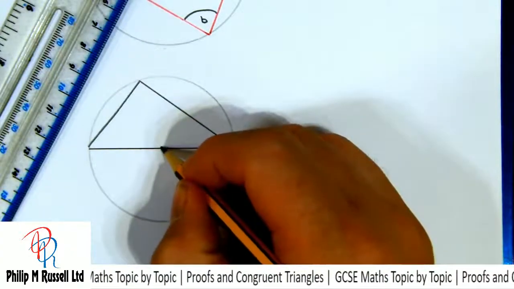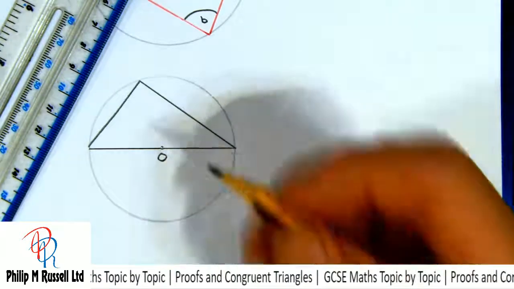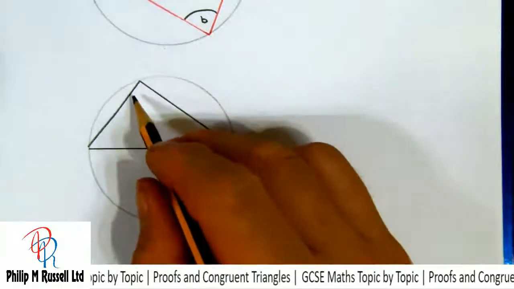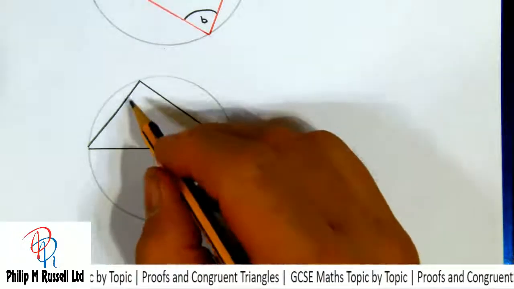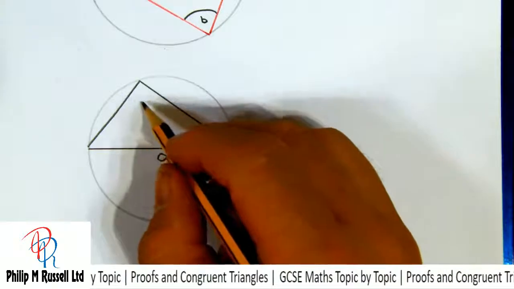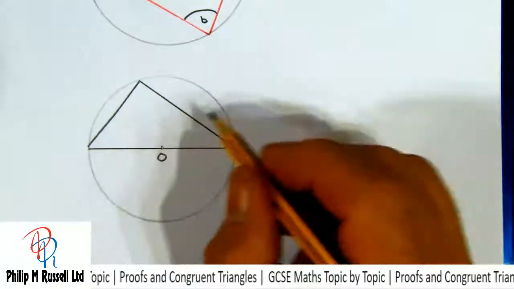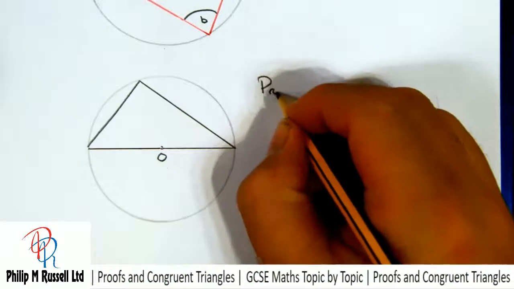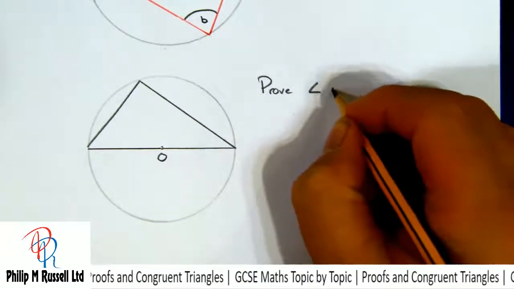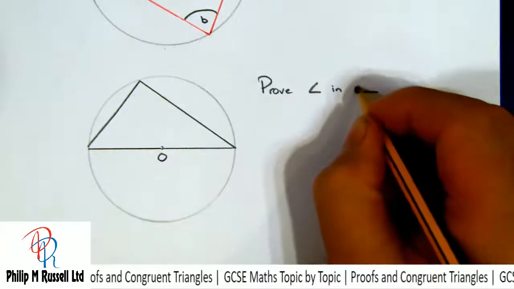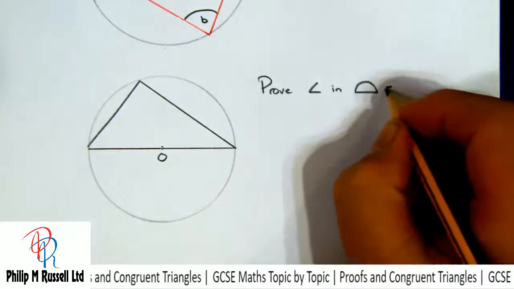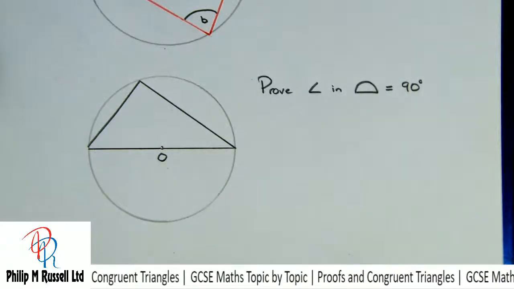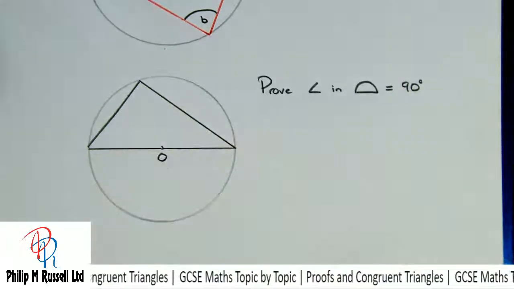And I've got my centre. And what I've got to try and prove in this one is whether this angle here is 90 degrees. I want to prove that the angle in a semicircle equals 90 degrees. Alright, so that's what I've got to try and prove.